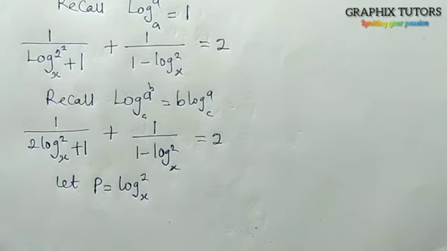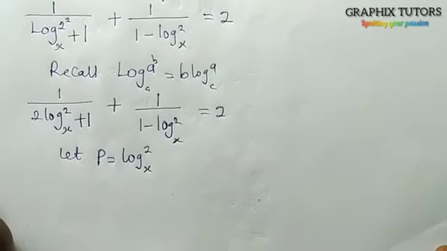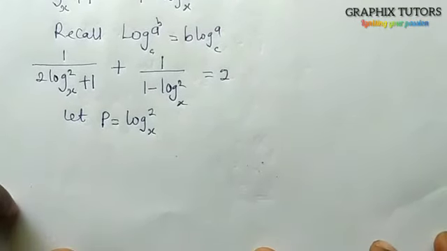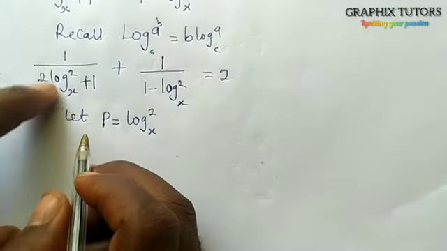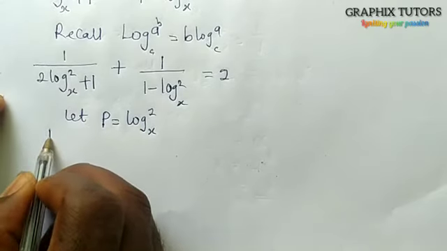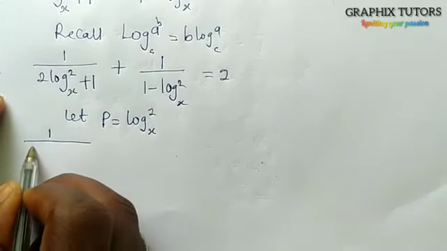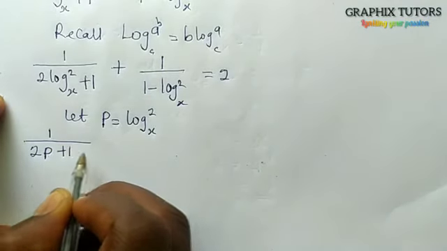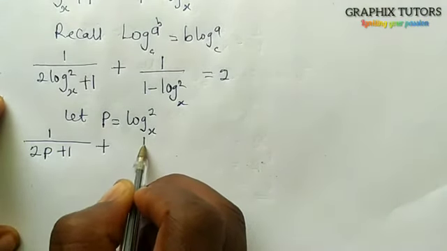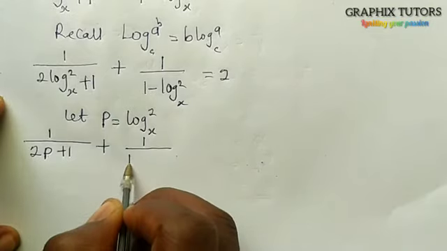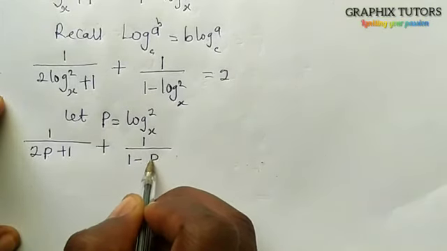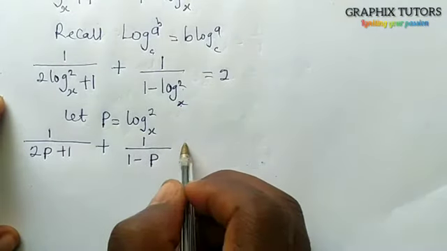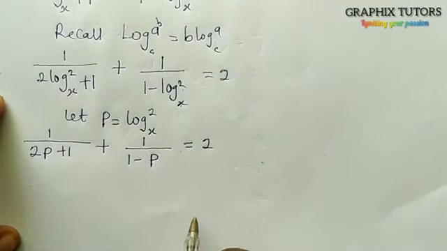So anywhere I see p, I'm going to put log 2 to base x, right? So if I want to rewrite this, I'm going to say 1 all over 2p plus 1, plus 1 all over 1 minus what? p. Because this log 2 to base x is p. So equals to what? 2.